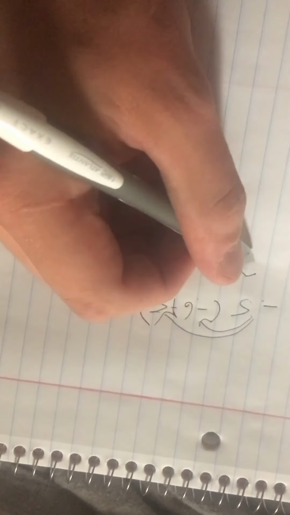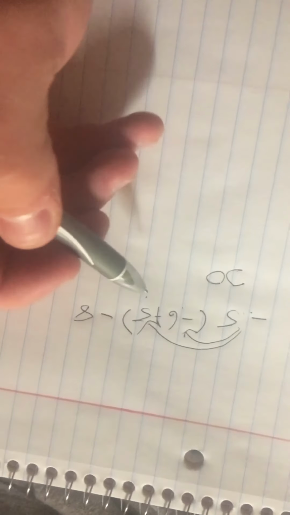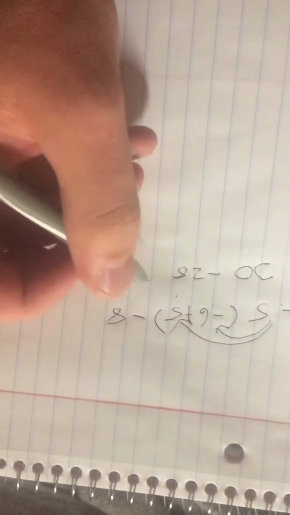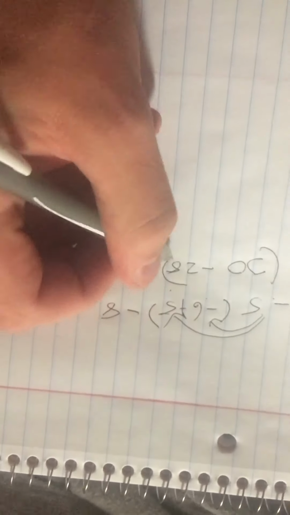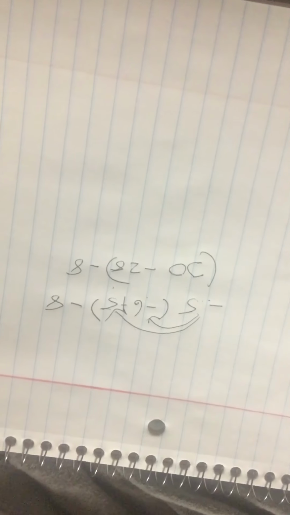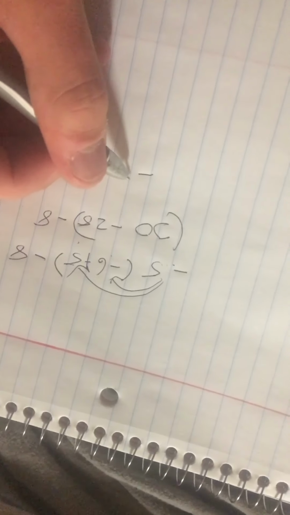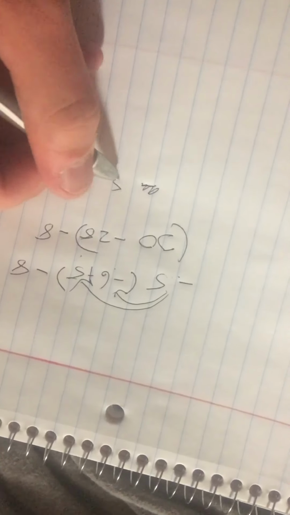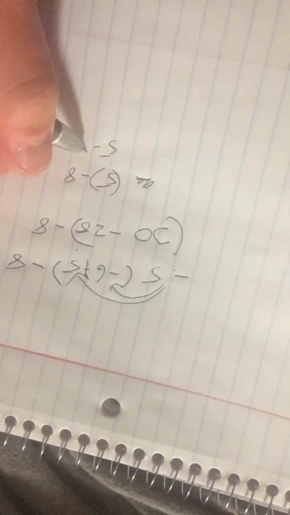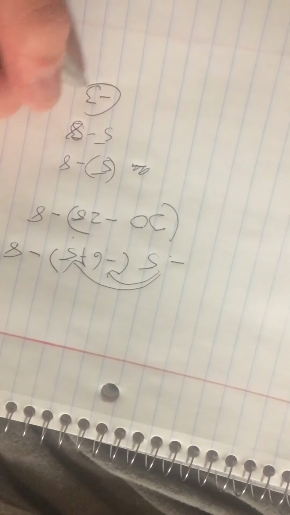So it'll be 30. But negative 5 times a positive 5 is still a negative, so it'll be negative 25. But that's still in parentheses, minus an 8. So positive 30 minus 25 is positive 5, in parentheses, minus 8. So it'll be 5 minus 8, which is negative 3.